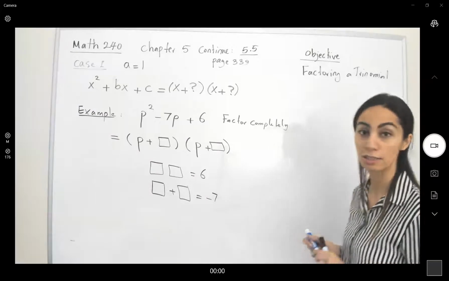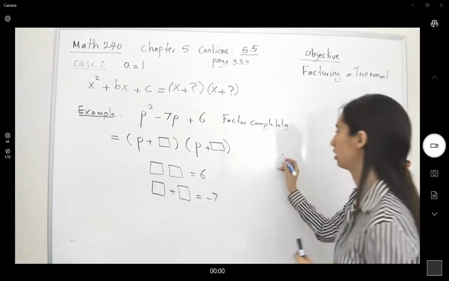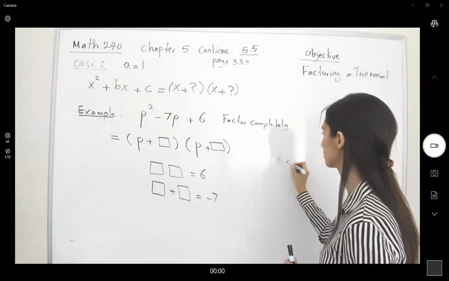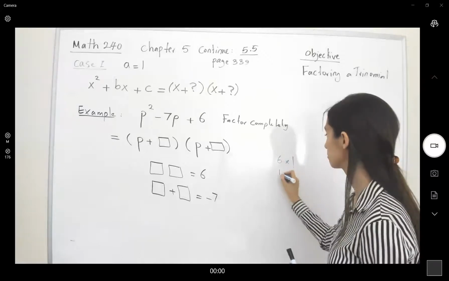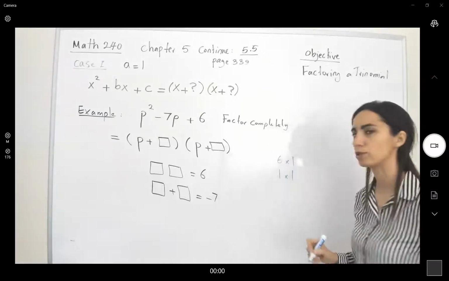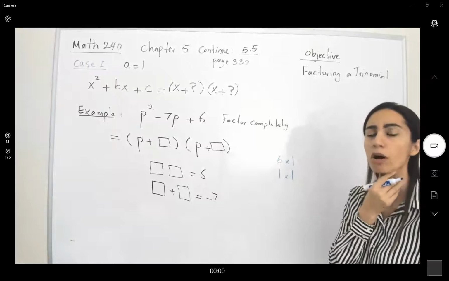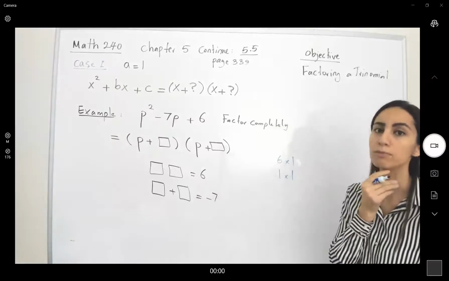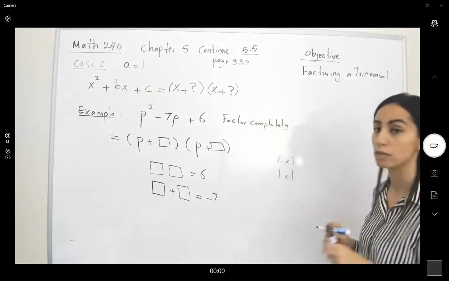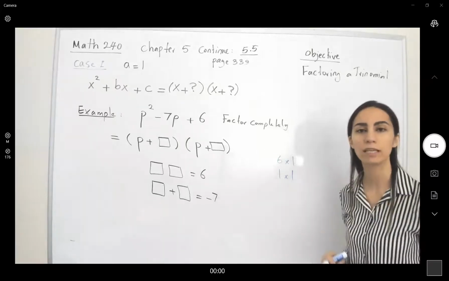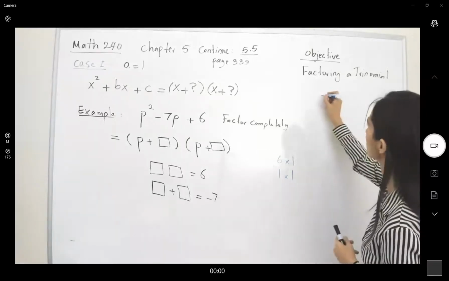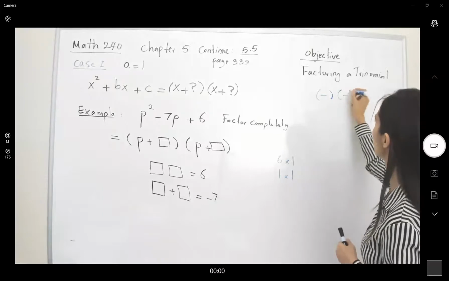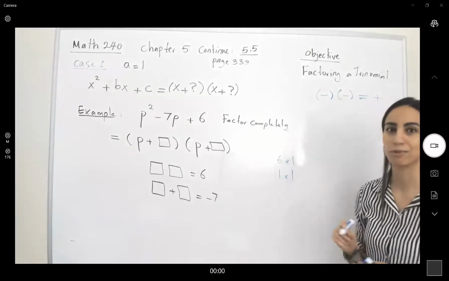The product is 6. 6 times 1, of course. 1 times 6. I expect you to ask, the outcome is positive, why don't we multiply negative numbers? Remember that negative times negative is always positive. Minus times minus is always a plus.